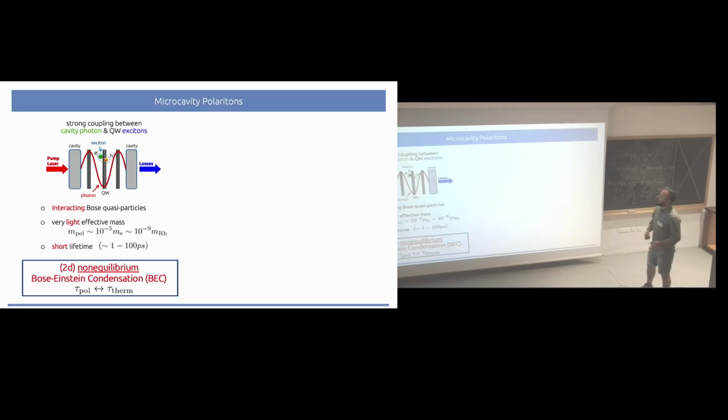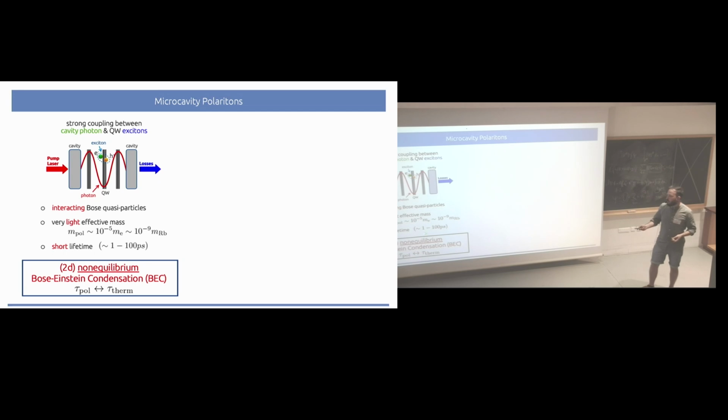So what are microcavity polaritons? Well, they are quasi-particles which result from the strong coupling between cavity photons and quantum well excitons. I'm not going to give you many technical details, but these are quasi-particles that are bosons, so they can undergo Bose-Einstein condensation. From the excitonic part, they acquire interactions. From the photonic part, they acquire a very light effective mass, but at the same time, they also have a very short lifetime.